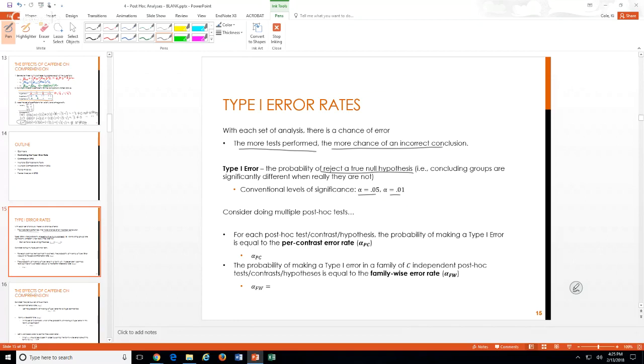So there are some formulas that will help us calculate the overall error rate when we do multiple tests. Let's say we do C post hoc tests.